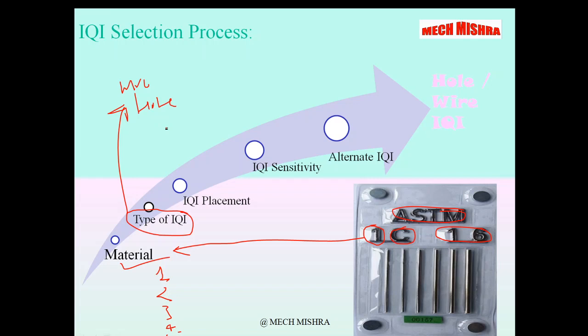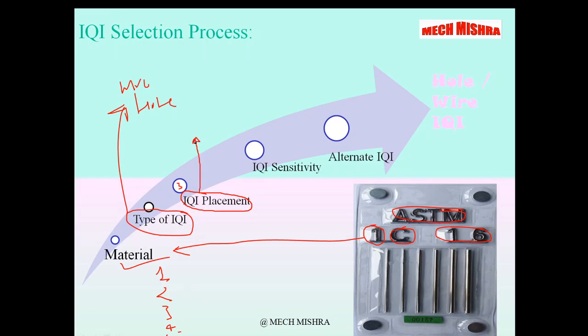So we need to select either wire or hole. But in the current era, we are using mostly wire type. Then third is IQI placement, where we need to place the IQI in our radiography.